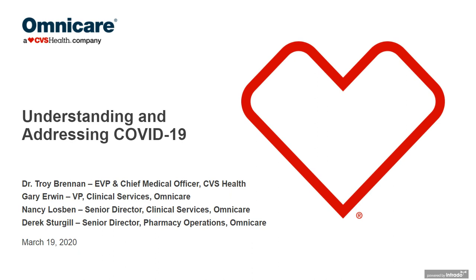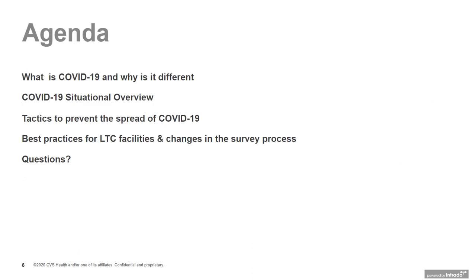We will be going back and forth between the four of us addressing the agenda, which you're now looking at as the next slide. As you look at this, our goal is pretty straightforward. It is to talk a little bit about what is COVID-19 and what is unique about it, provide a little bit of a situational overview, and then we will move much more into tactics, operations, and best practices for what is really the purpose or the lens of this presentation, which is really the facility, the community, and the long-term care pharmacy relationship.